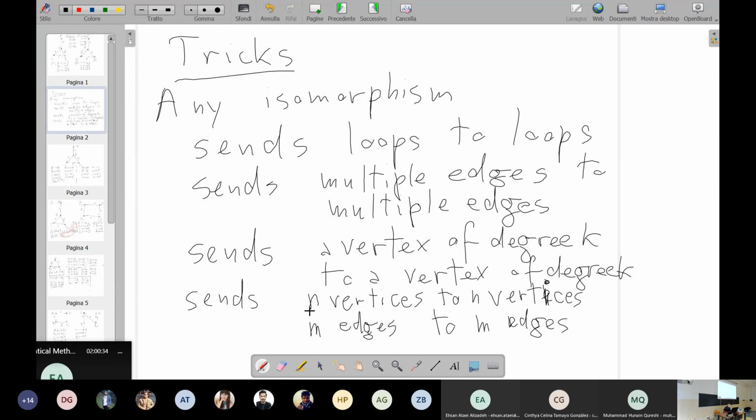If you have n vertices on one graph, you must have the same number of vertices on the other, and the same number of edges. Necessary conditions, absolutely not sufficient conditions, as we have seen. Okay, got it. Thank you so much.